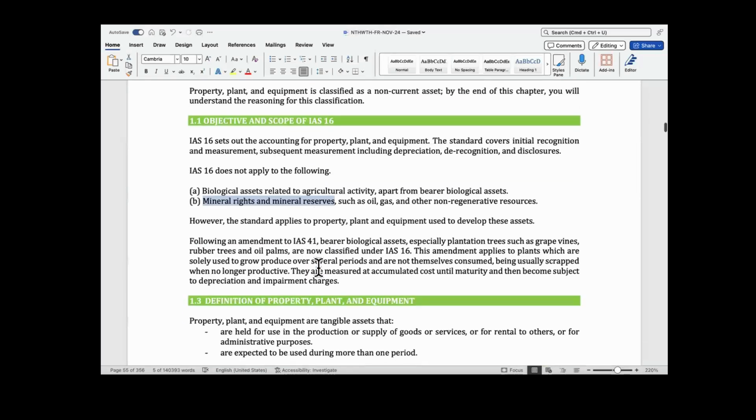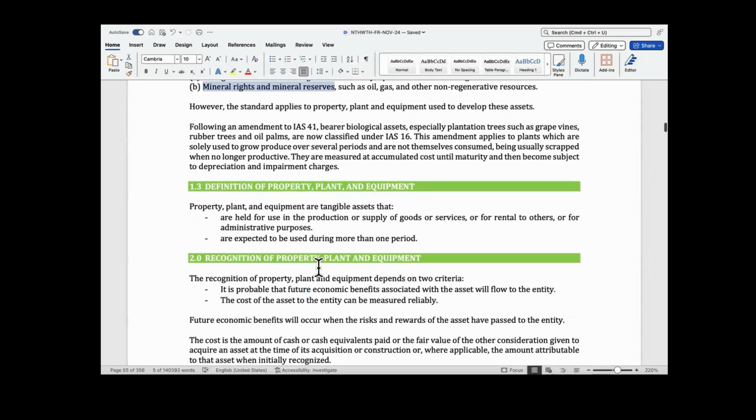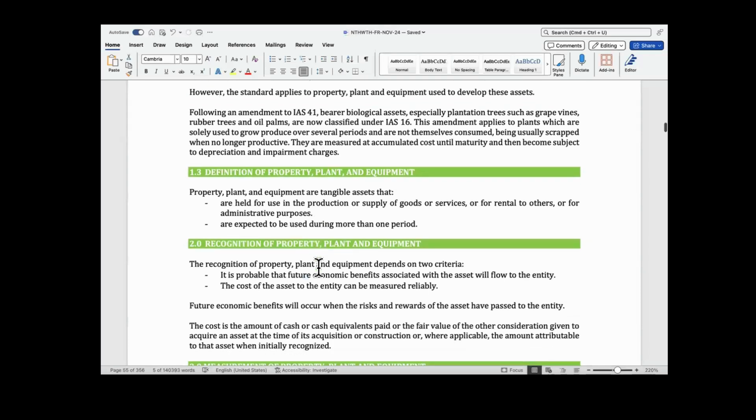So what is this PPE we are talking about? Property, plant, and equipment. By definition, according to IAS 16, property, plant, and equipment are tangible assets.